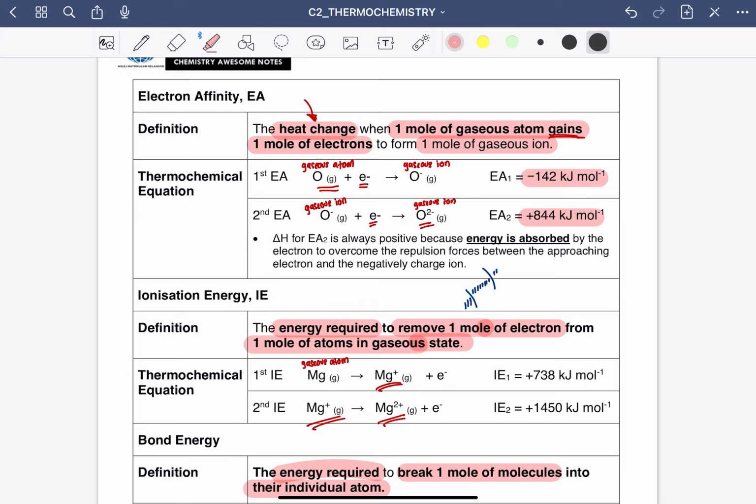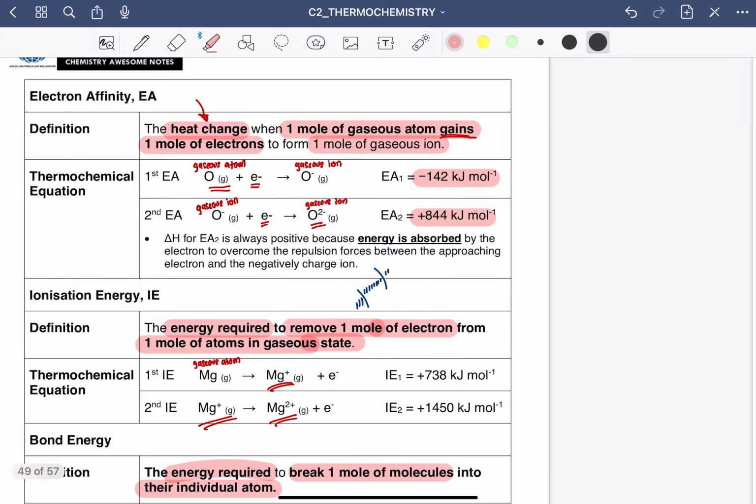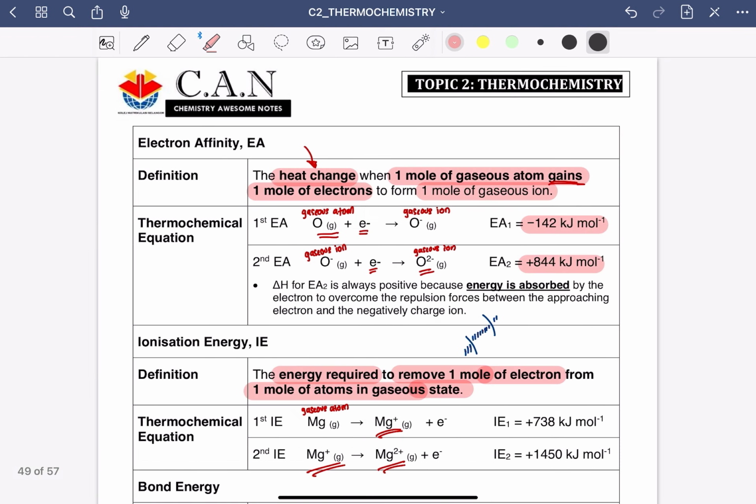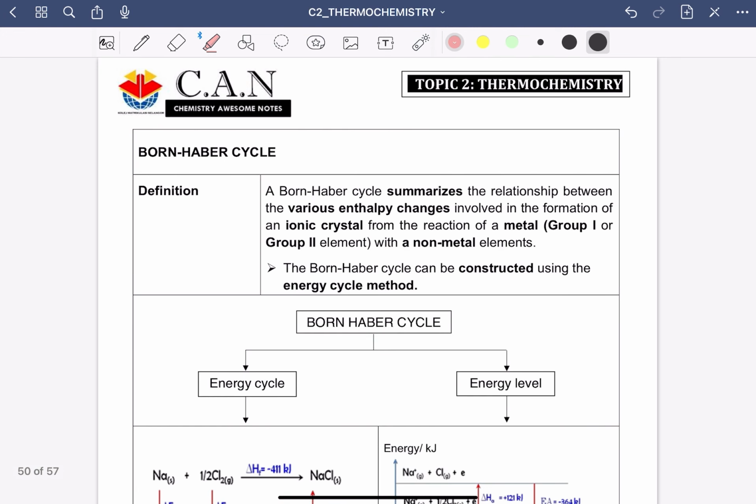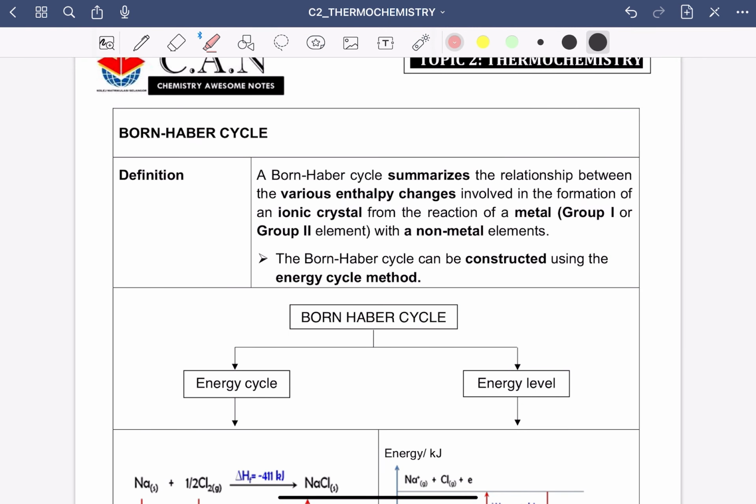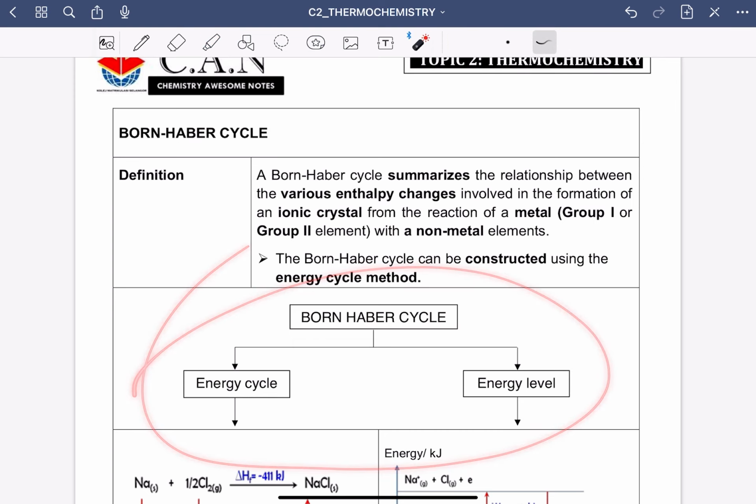EA is when negative ion is produced, IE is when positive ion is produced. So I'll stop here because I want this to be an introduction only. Then in the second video, I will explain about energy cycle.